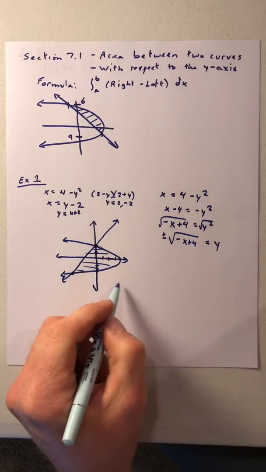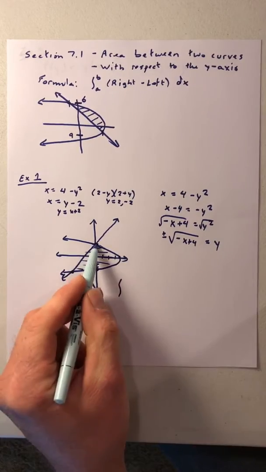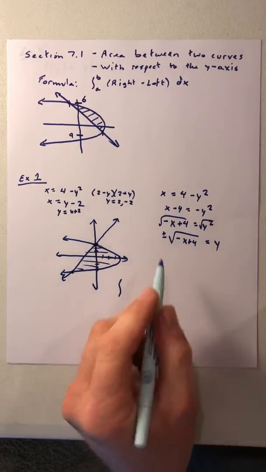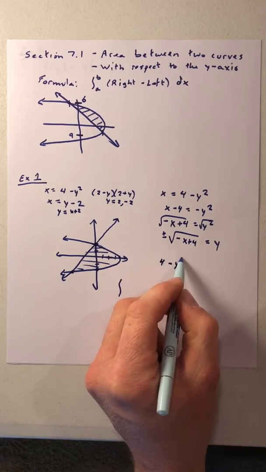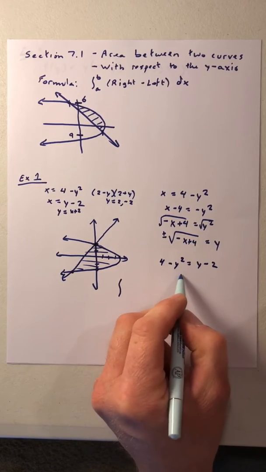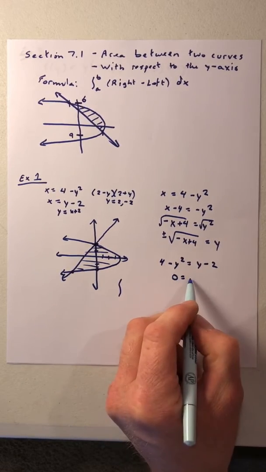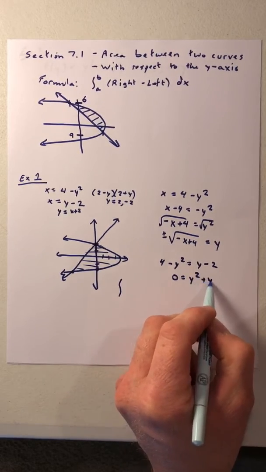Doing it in terms of the y-axis, I can find these two points of intersection, and I'm looking at the y values now. So again, we can do a substitution. We know that 4 minus y squared equals y minus 2. Setting this equal to 0, moving the negative y squared over, we have y squared plus y.